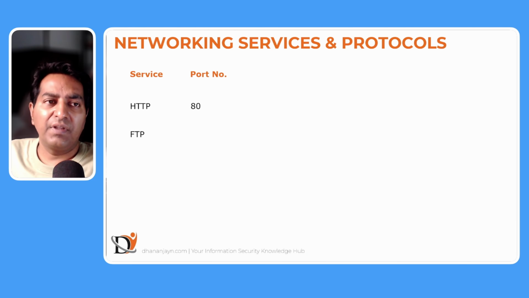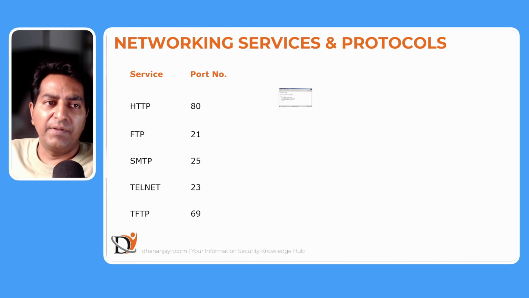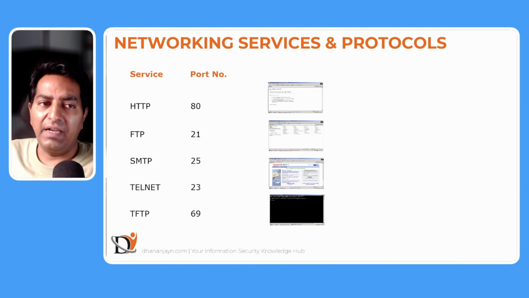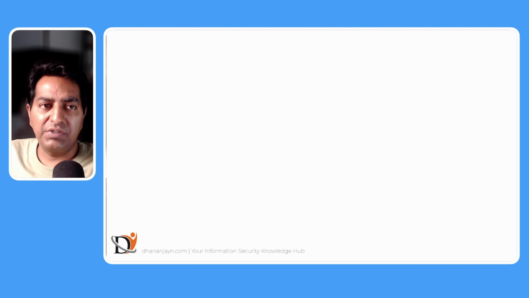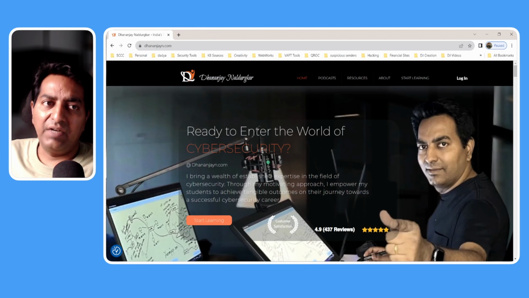So networking services and protocols, if we discuss, HTTP uses port 80, FTP uses port 21, SMTP uses port 25, Telnet uses port 23. If you want to see that in action, if you open a website, it will open the website on port 443. So this is an HTTPS site.